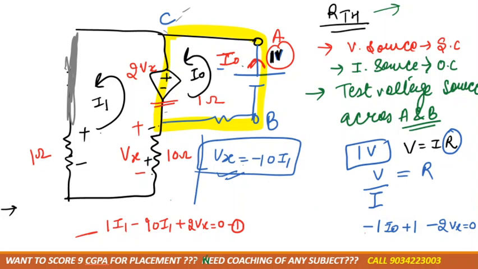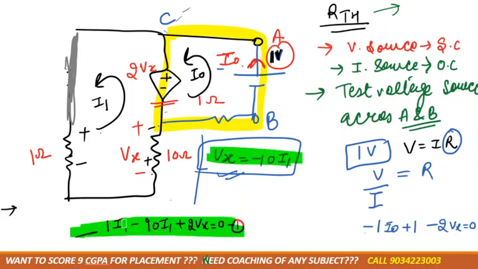Now you got three equations. One is this one, another is this one, and another is this one. Then calculate the value for I naught, because we want I naught. Calculate it.